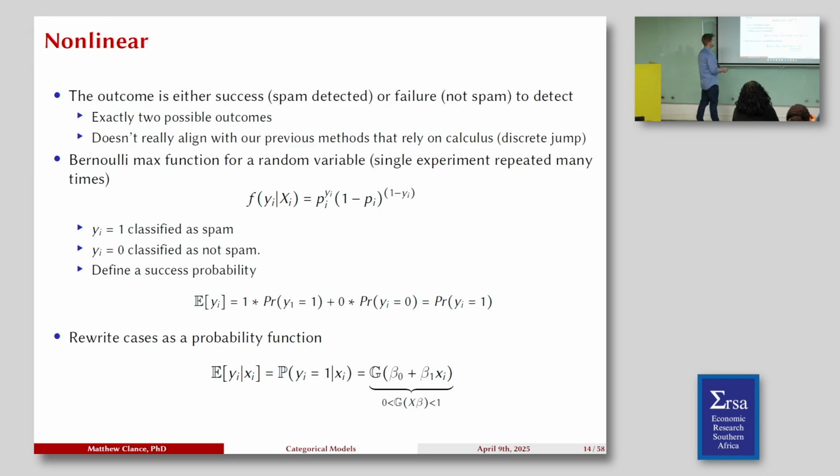When we look at the expectation, we'll see that it's 1 times the probability that y is equal to 1 plus 0 times the probability that y is equal to 0. This section falls out. That's why earlier when I was saying it depends on the probability of success, that's how we're always going to discuss the expectation. Any way that we're talking about the marginal effects, we're talking about a decrease or an increase in the probability of success, of observing that particular outcome, or of observing one.